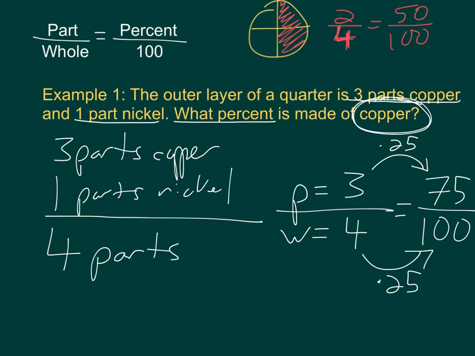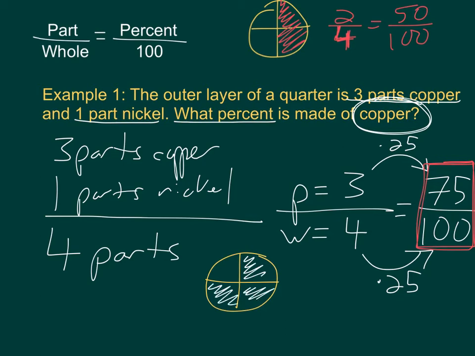So the outer layer of a quarter is 75% copper. And if we use our pizza analogy, we can see that again. The outer layer of our quarter is 3 parts copper. And we know that that is 75%.